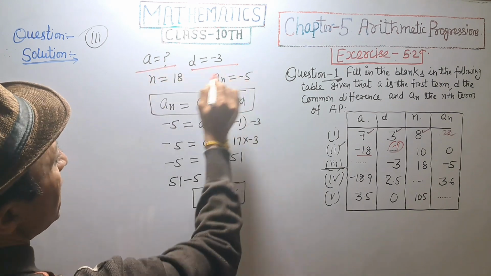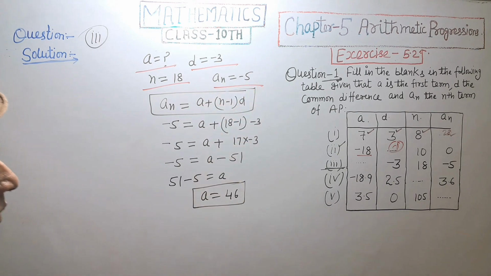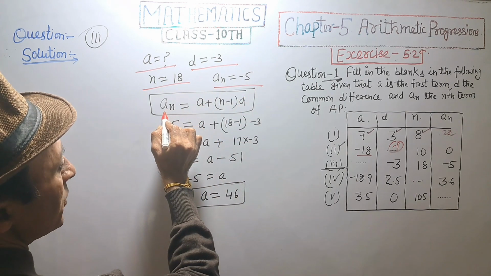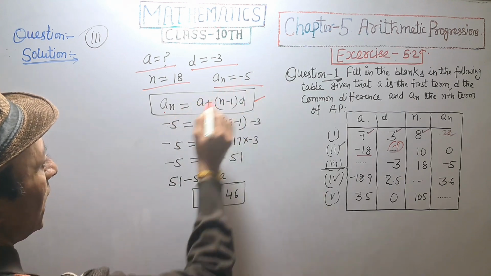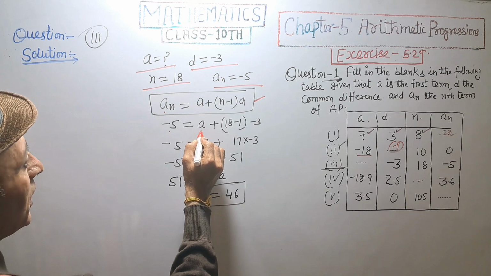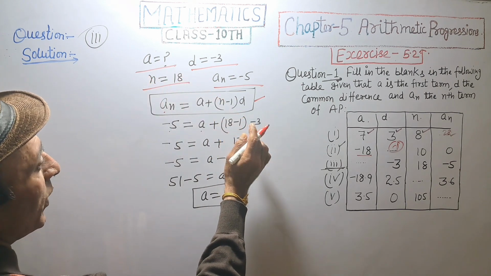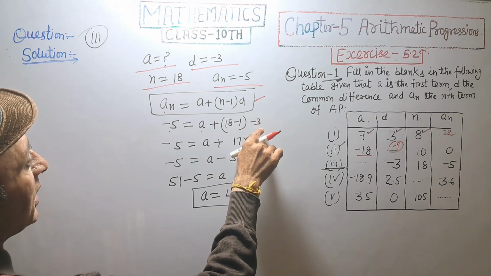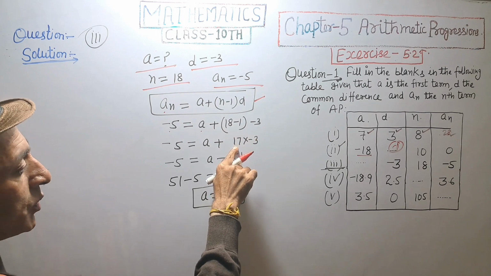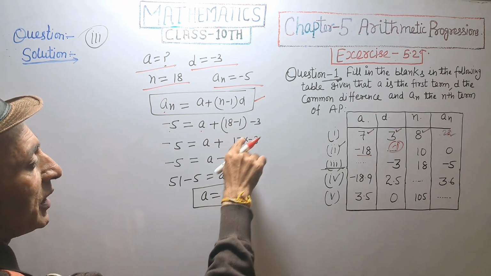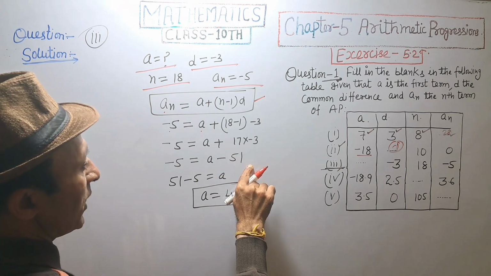A, we want to find. D is minus 3, N is equal to 18, and An is equal to minus 5. An is equal to A plus N minus 1 into D. An is minus 5, N is 18, 18 minus 1, multiply by D. D is minus 3. 18 minus 1 is equal to 17, and 17 multiplied by minus 3 is minus 51.